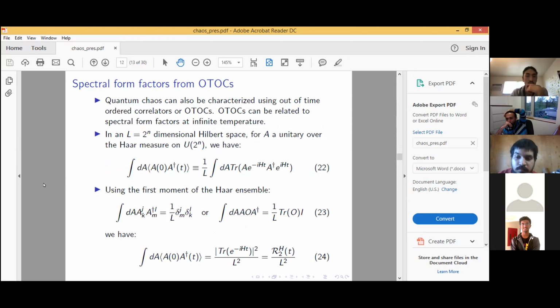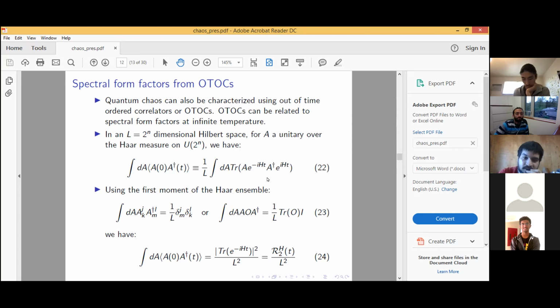Okay, so we'll discuss OTOCs now. As we had stated, quantum chaos is also characterized using OTOCs, and we'll see how OTOCs are related to these spectral form factors. So we consider a system of n qubits, which is a 2 to the n dimensional Hilbert space, and we look at this 2-point function, which is called an autocorrelation function, A(0) A dagger(T), and A we pick to be a Haar unitary on the unitary group of size 2 to the n.